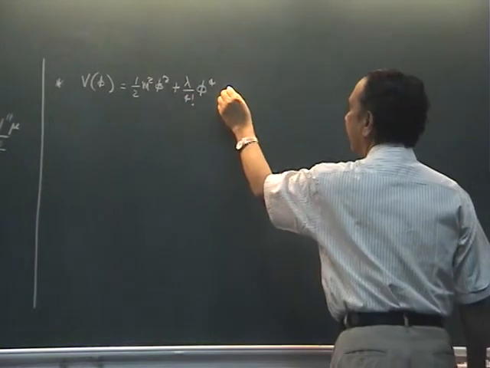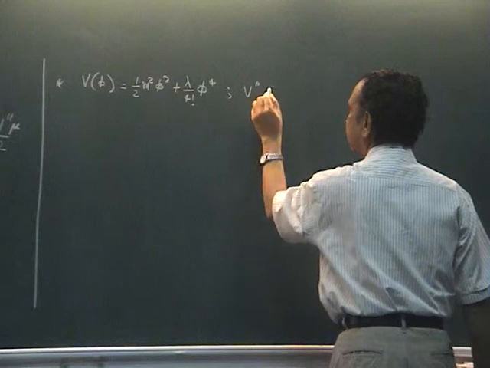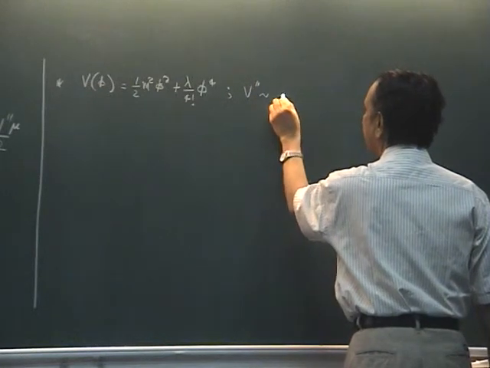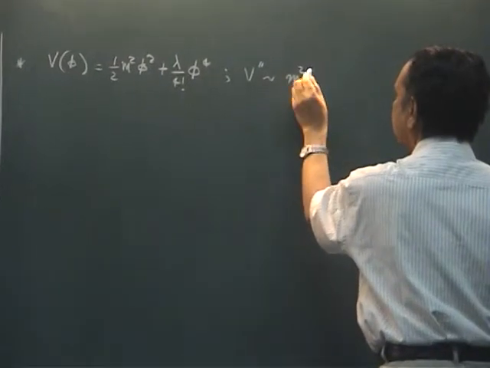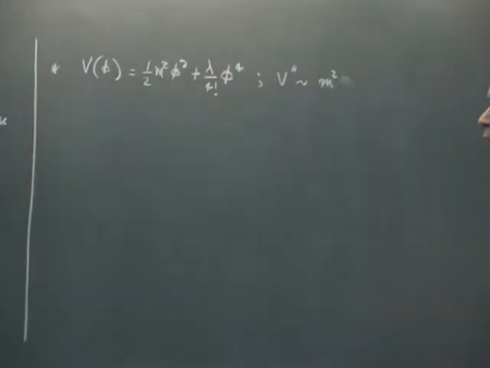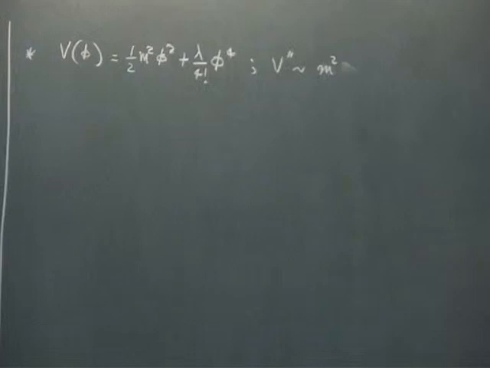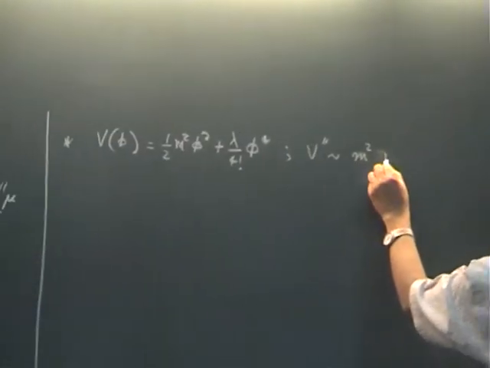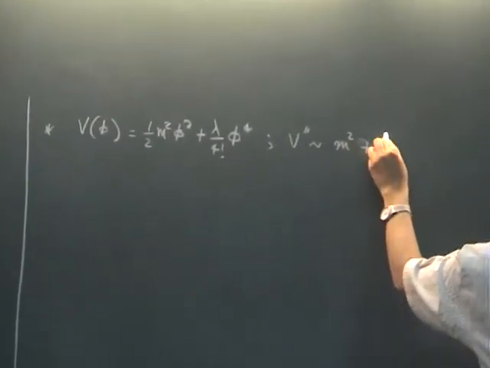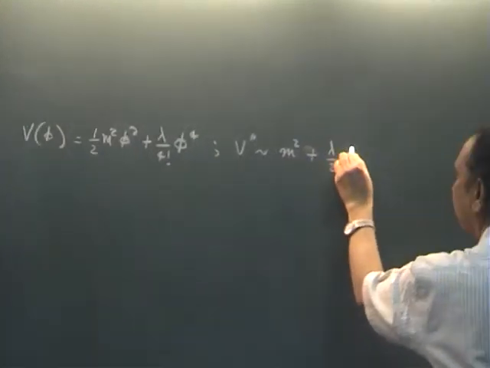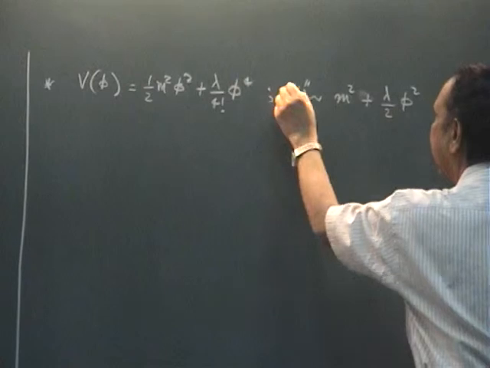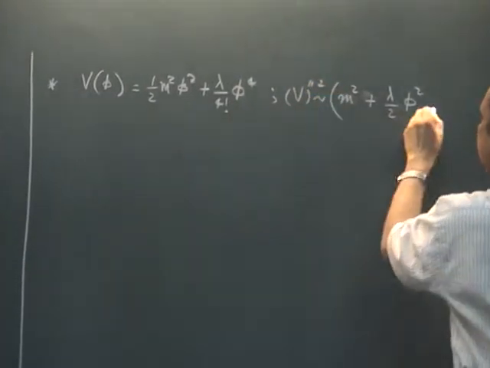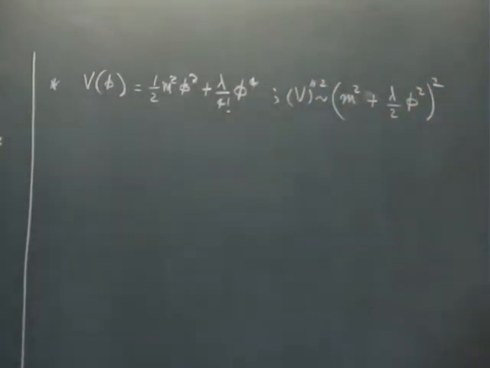Then your V double prime will go as one term, okay, m square. When I take 2 derivatives, this will have only m square, and this will give me lambda by 2 phi square. So the V double prime square term, which is the dangerous term, will be a square of this.